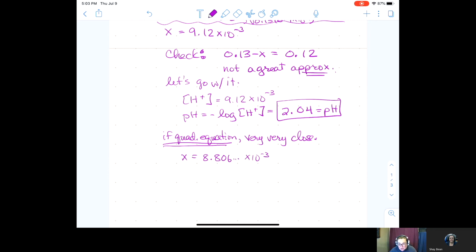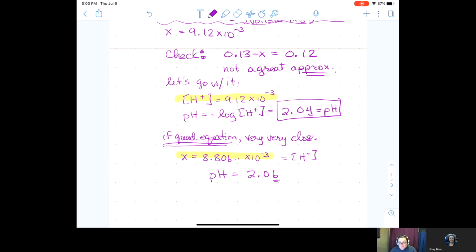So very, very close to my original x, which was 9.12 times 10 to the minus 3. Which again is going to be equal to the H plus, which means that using the quadratic equation, I get the pH is 2.06.